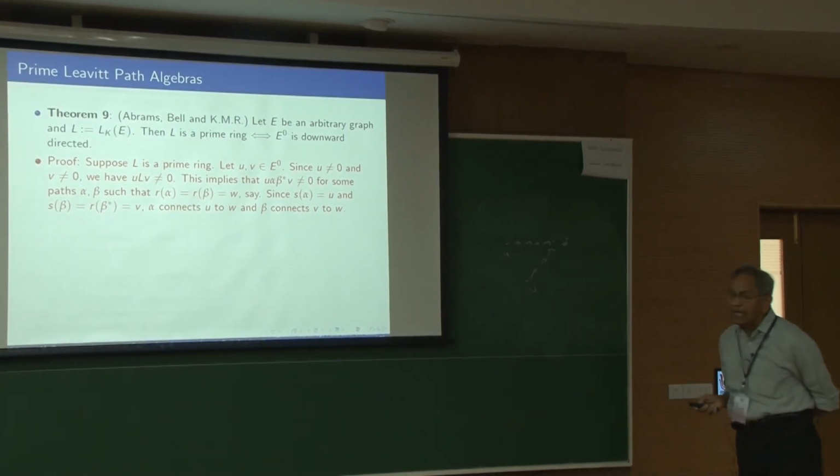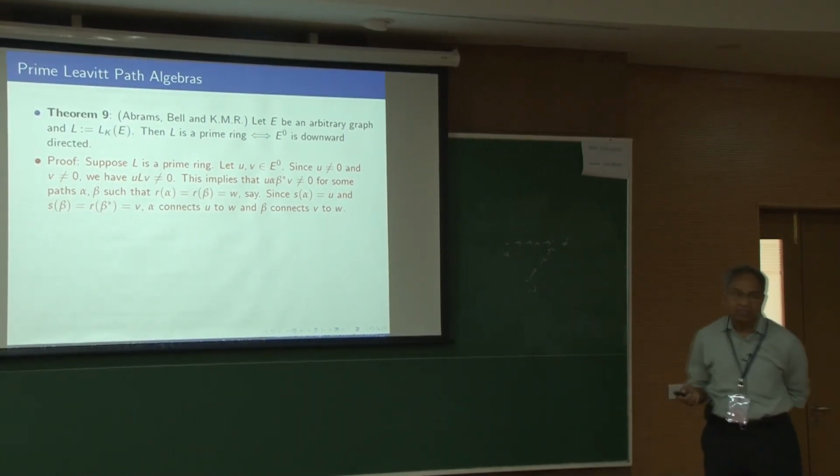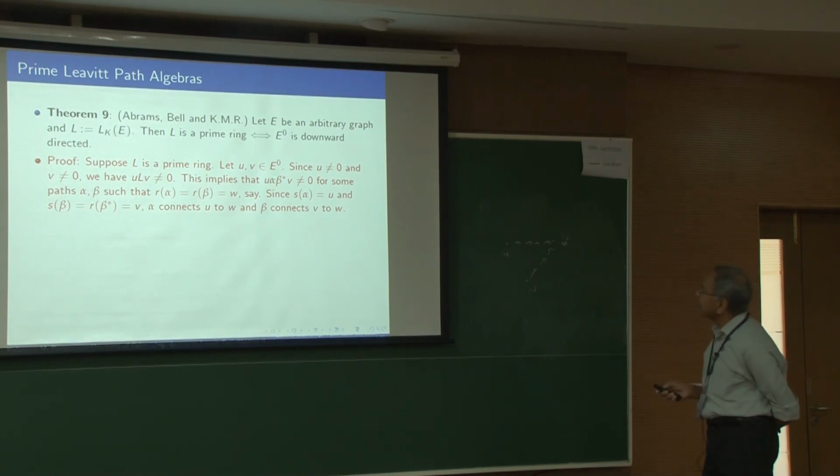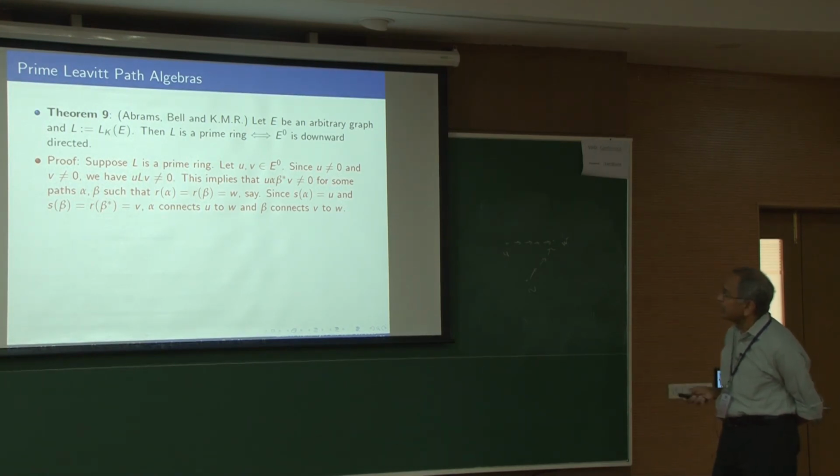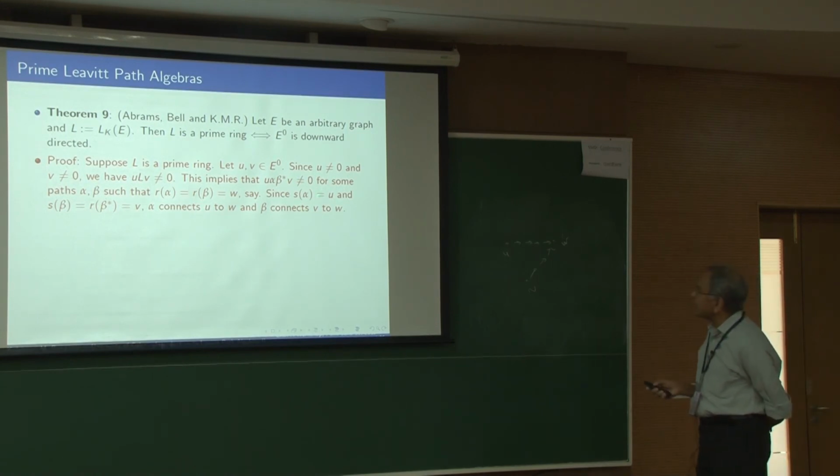Because every element in our path algebra is a linear combination of scalar multiples of elements of this form, in particular this would imply that there is a path alpha and a path beta so that U alpha beta star V is not zero. Because U and V are non-zero, we take one term of each element. But what does this mean?